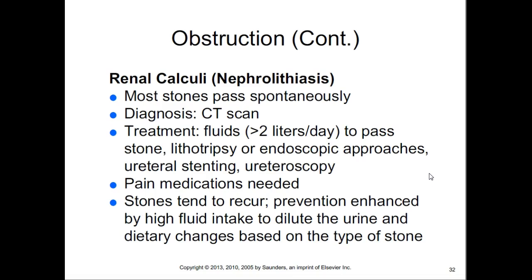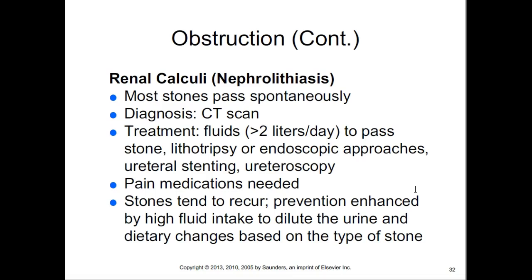Right, ureteral stenting might also be utilized, especially if this is a chronic problem or a problem that's happened before. A ureteroscopy sometimes is also necessary and can also help enlarge the area, the ureter, that is. The pain medications are often needed because it is quite painful, and stones tend to reoccur.